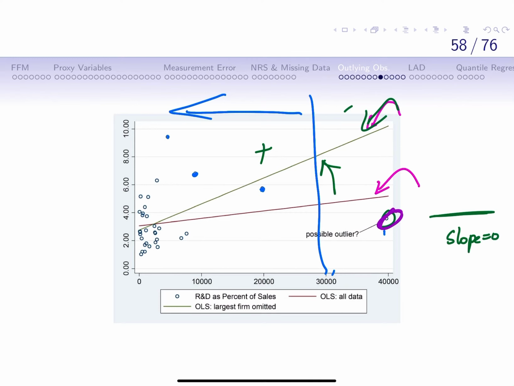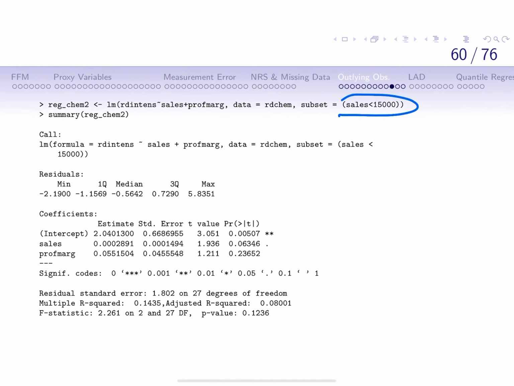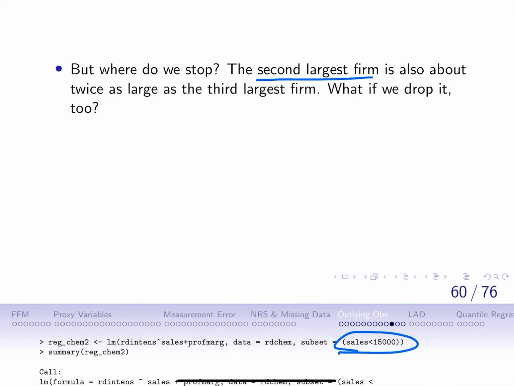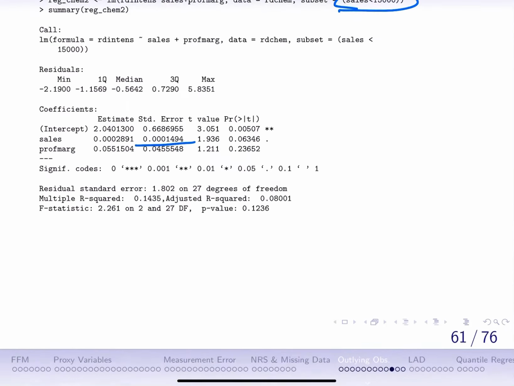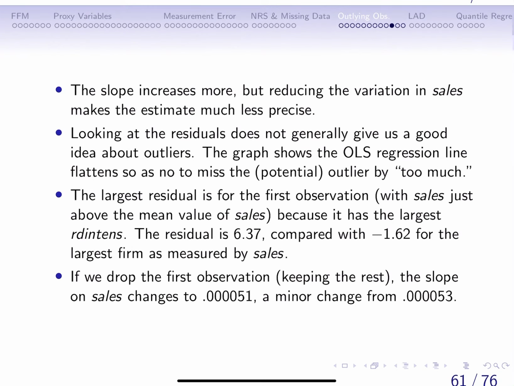But we could also include everything to the left of this line, which is to say that maybe this is 15,000. You could do that as well, restricting sales below 15,000 and see what happens to your estimates. But the question is, where do we stop? And there's really no concrete answer to this.